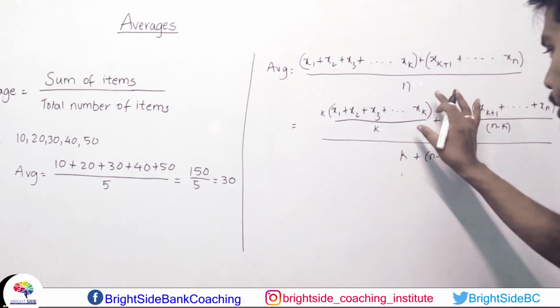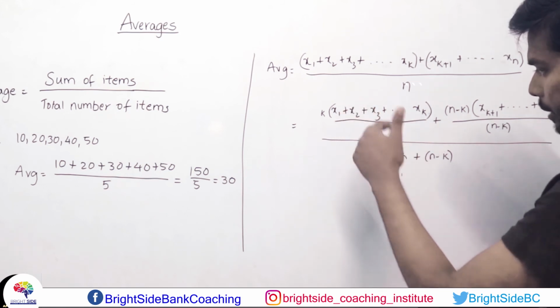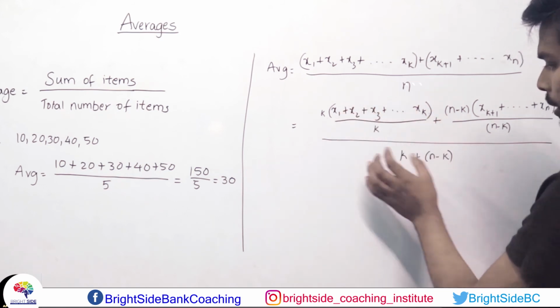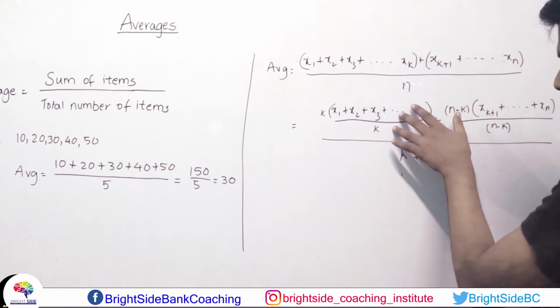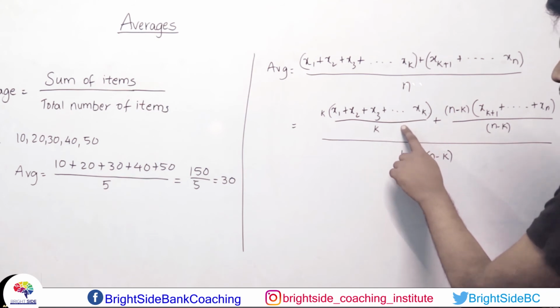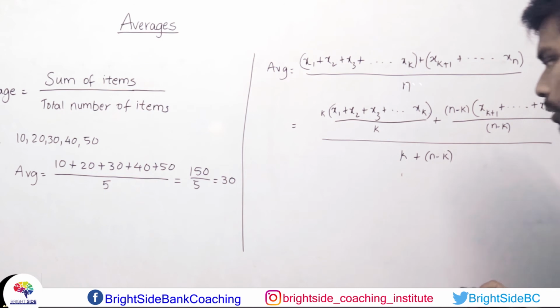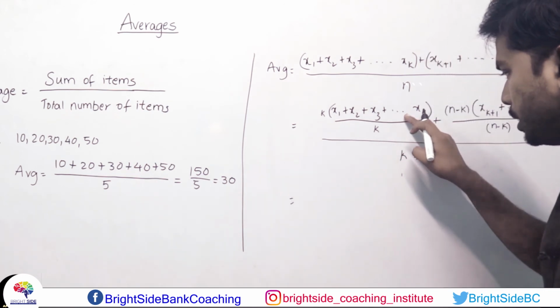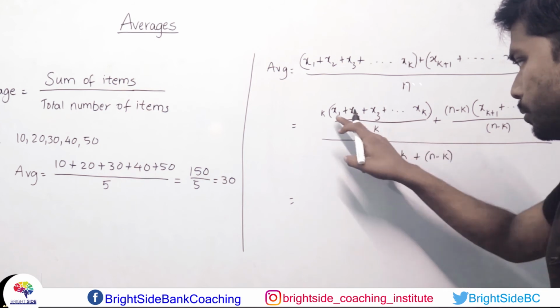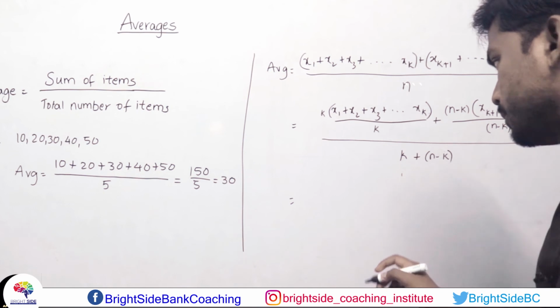Why we have written it like this: this is a group of k elements, from x1 to xk. If you divide by k, then you will get an average. He is giving you the average, that is why we are dividing with k. Again, this is the average formula: sum of the elements by number of the elements. The number of elements is 1 to k, that means k elements.